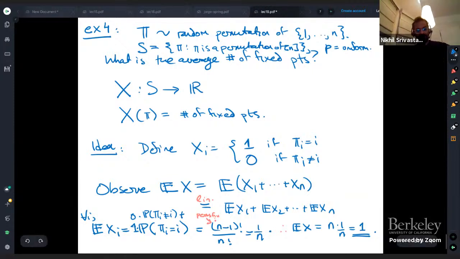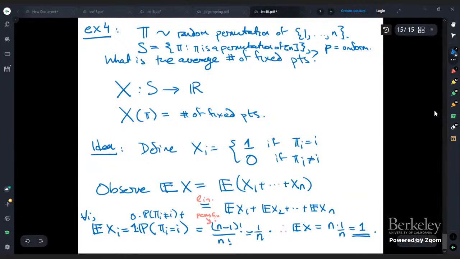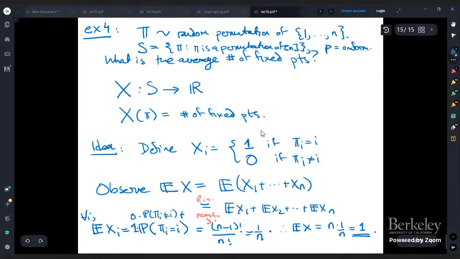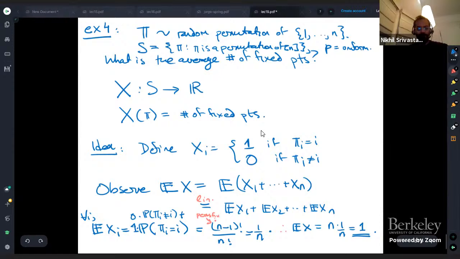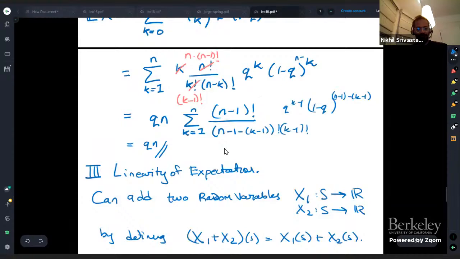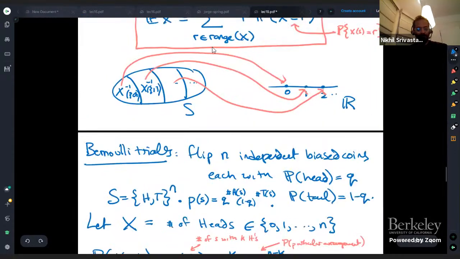Any questions? Where you wrote observe, you wrote expectation of X equals expectation of the sum of X_1 all the way to X_n. What does the left-hand side of that mean? Expectation of X? Oh, X is a random variable, and expectation of X is just the thing we've been talking about.